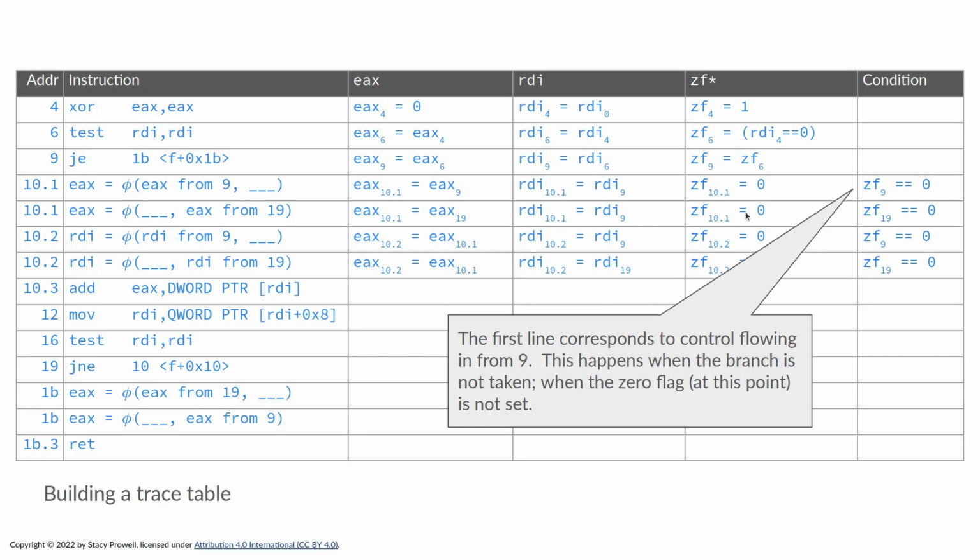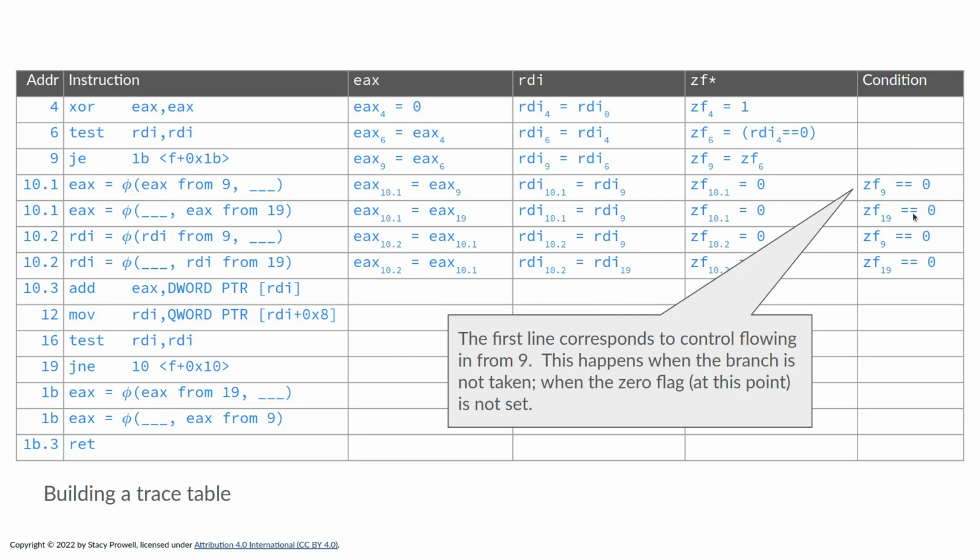Is that true? Well, yeah, if I came here from 9, then I came here because the zero flag wasn't set. If I came here from 19, well, I came here because the zero flag wasn't set. And so from this information, I can conclude this. I got this stuff in the zero flag column by looking over here at the conditions.